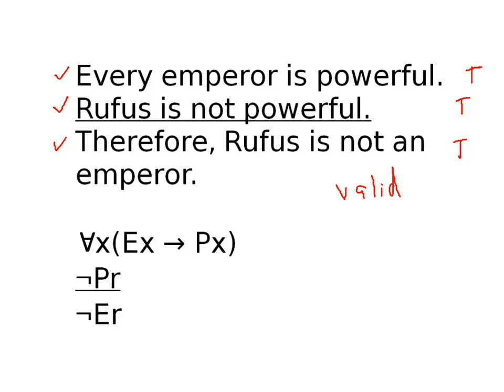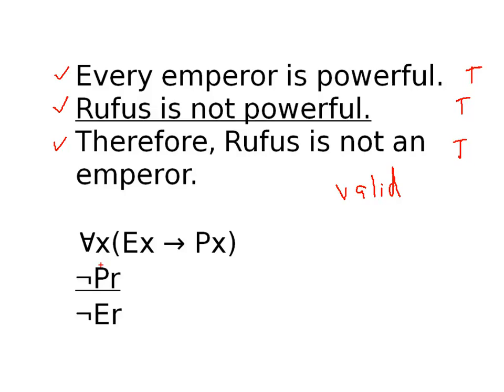Now let's look at the logical translation for a second. We've seen how to translate the first premise just a moment ago. Every emperor is powerful. For any x whatever, if it is an emperor, then it is powerful. And then we're talking about an individual here, Rufus, and we're saying that he's not powerful. Now, we don't have to have a different predicate for not powerful.